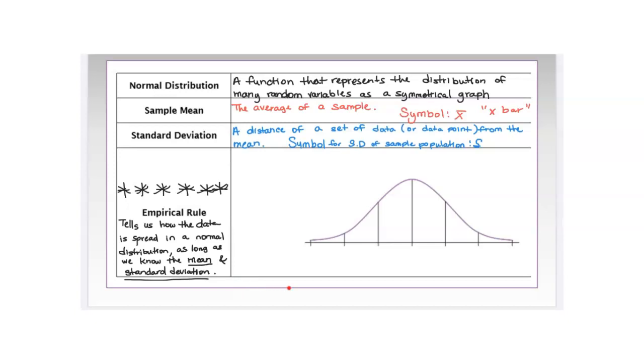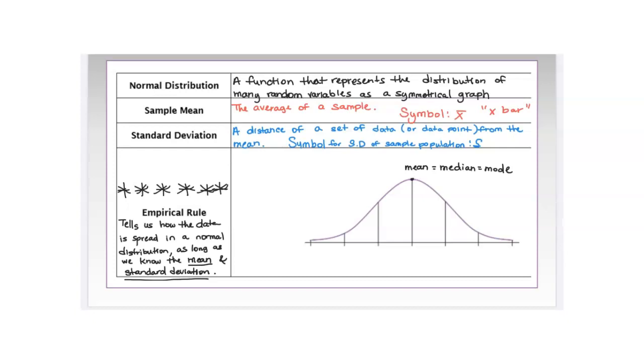Within every normally distributed curve that we'll be looking at, there are going to be some very similar features for every single one of them. The very first thing that we talked about was that the mean is equal to the median, which is equal to the mode. So that's one thing to always represent. In the middle of your normally distributed curve, you have the mean, which is equal to the median, which is equal to the mode. Up here, we learned the symbol for mean. It is this X bar symbol.